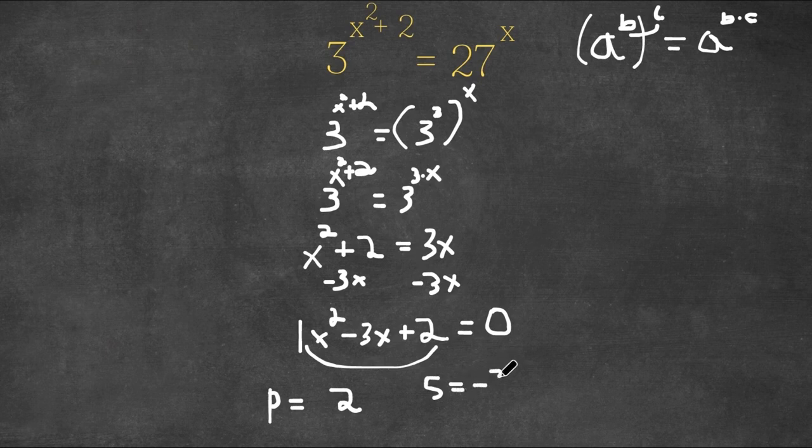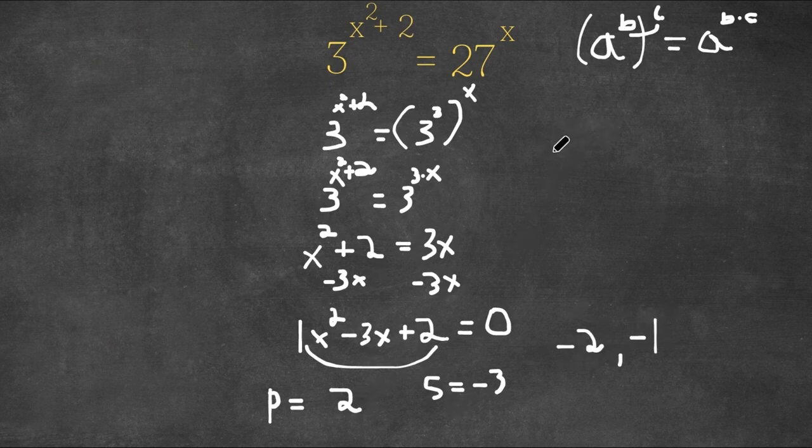We have to figure out what two numbers multiply to get 2 and add up to get -3. Those two numbers are actually -2 and -1, because if you add these two, they get -3, and if you multiply these two, they get 2.